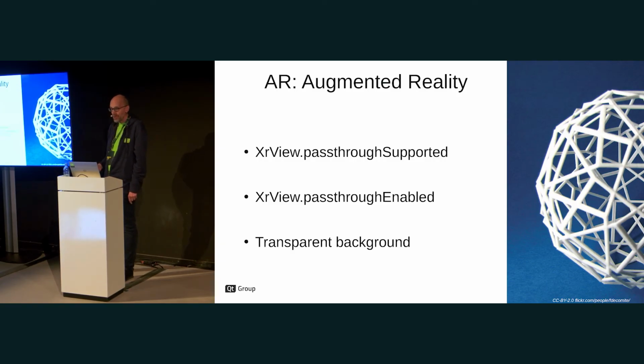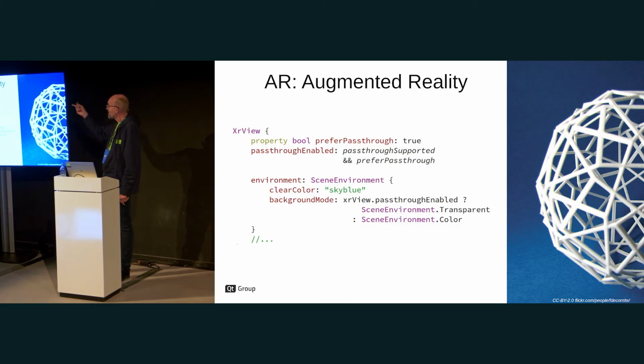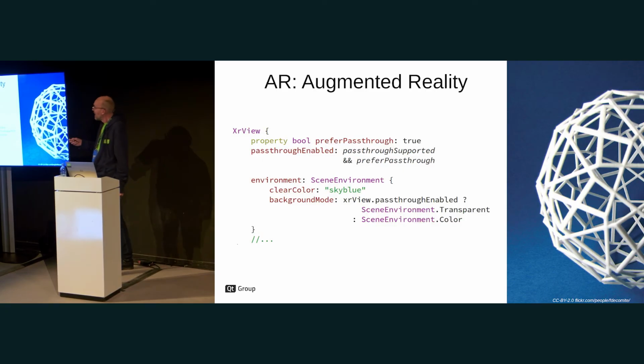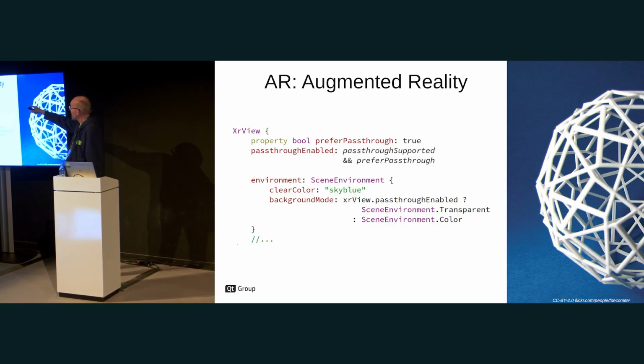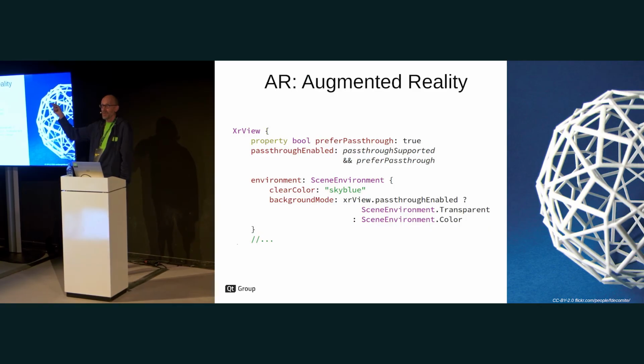So the code for this will look something like this. This is a pattern I like to use. I define my own property, whether I would want to have pass-through or not. Then the user can turn this off and on in preferences.